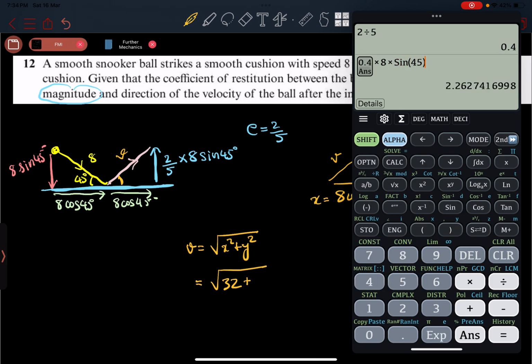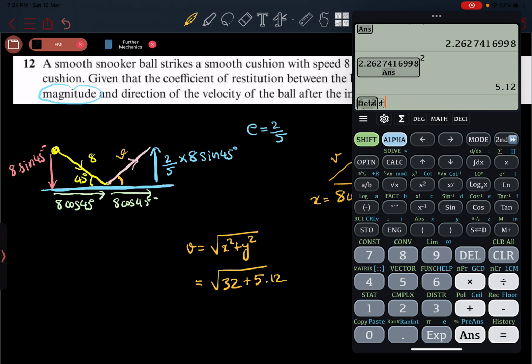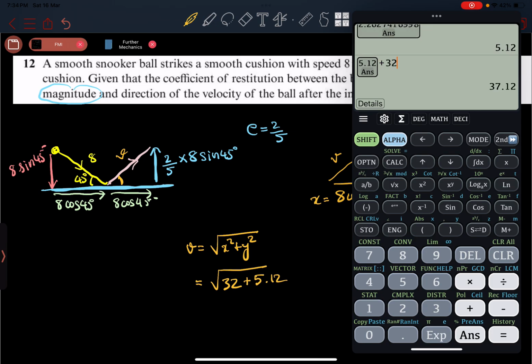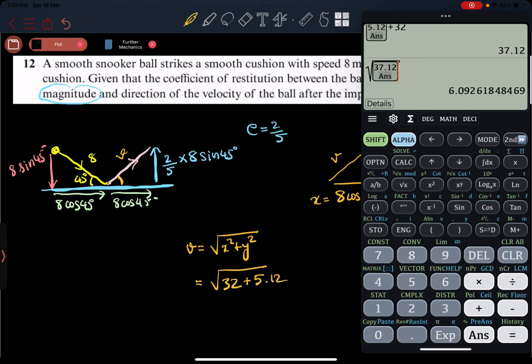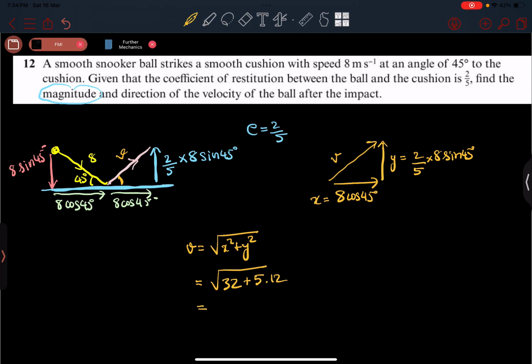Take that answer, square it, we get 5.12. So we add 5.12 with 32. That's 37.12, square root my answer. So my speed at which it leaves is 6.09. So the velocity after impact would be 6.09 meters per second, correct to 3 significant figures.